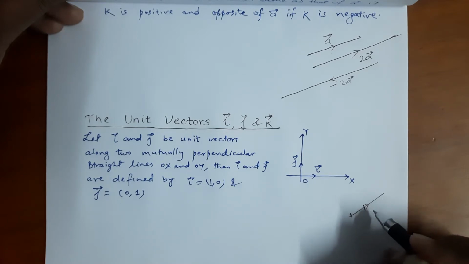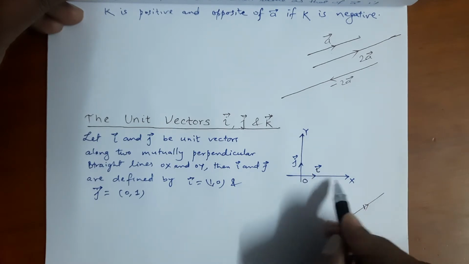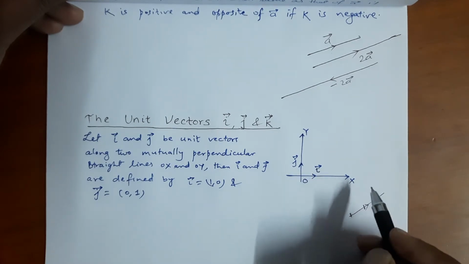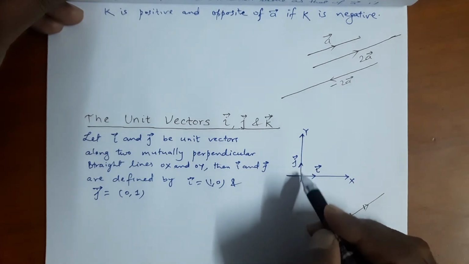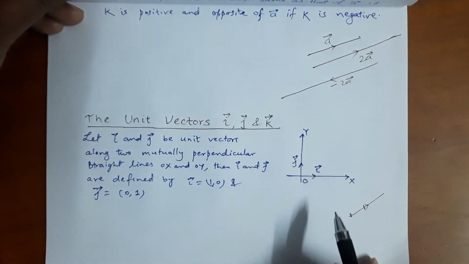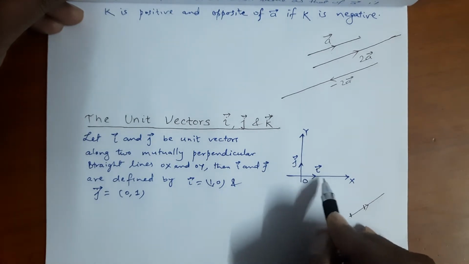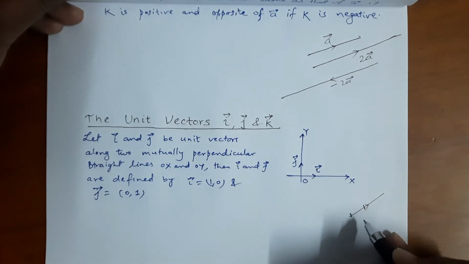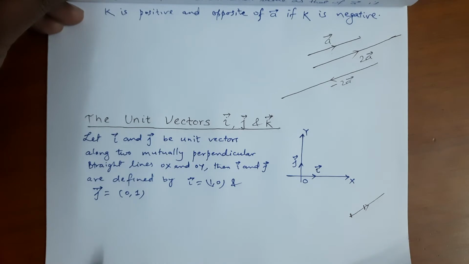That's not I. To be I, it must be the unit vector along the x-axis, and to be J, it must be the unit vector along the y-axis only. So these I and J are fixed. We do not take a unit vector in any other direction as I and J.